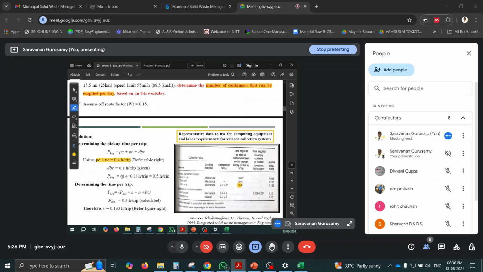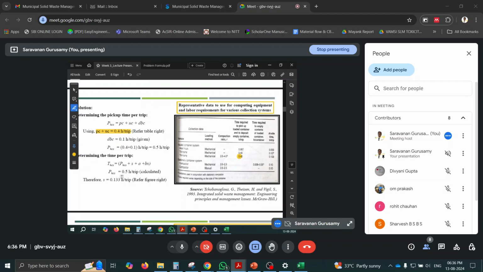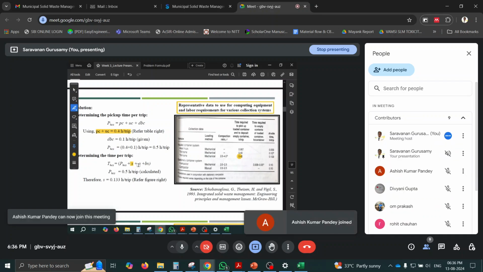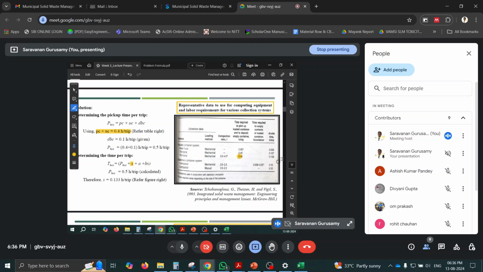Then time per trip is pickup plus on-site time, that is S, plus H, the haul time, which they mentioned in terms of A plus BX. So PHCS we already found as 0.5. S we don't know, but we can also find it from this table.